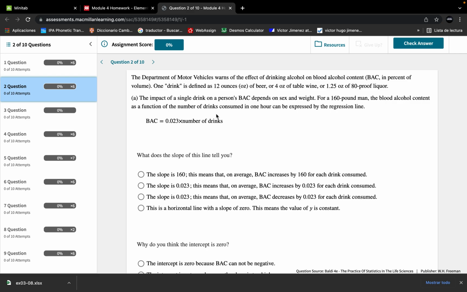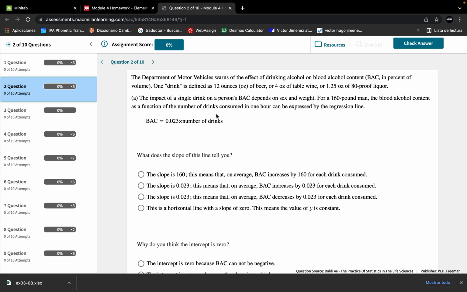The impact of a single drink on a person's BAC, blood alcohol content, depends on sex and weight. For a 160-pound man, the blood alcohol content as a function of the number of drinks consumed in 1 hour can be expressed by the regression line.